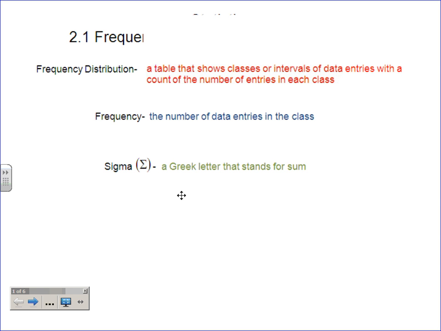Series were the ones where you were adding up the terms. That's why you saw sigma in there. What you're going to find as we go through this chapter is there are a lot of letters that stand for things, and you're supposed to know that. We'll go over them to make sure that you do. So when you see sigma, you should know that means add them up. Okay.